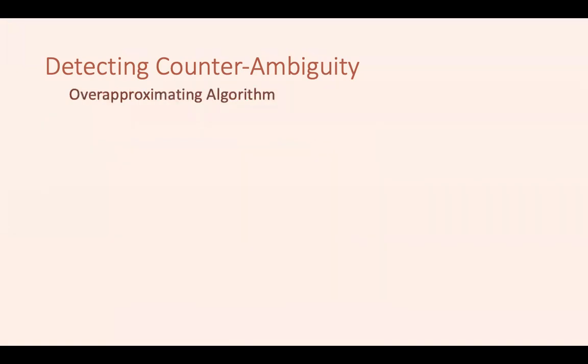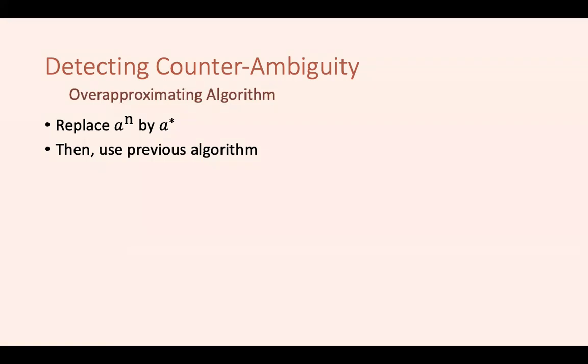So here is another algorithm which is not exact, but it's over approximating. In practice, it could be helpful. The idea of this algorithm is that whenever we have a counting constraint, we will just replace that by an ordinary star, and then we will use the previous algorithm, but now we don't have to do any counting because the counters are gone.